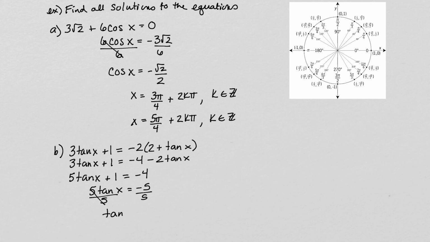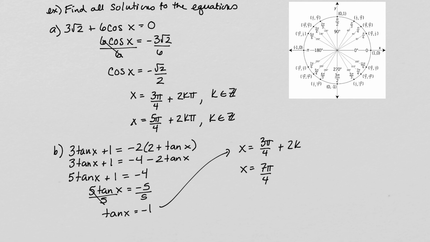So I have the tangent of x equals -1. And so when is the tangent of x equal to -1? When x is equal to what? Okay, 3 pi over 4 and 7 pi over 4. And then all I have to do is add plus 2k pi, where k is in z.